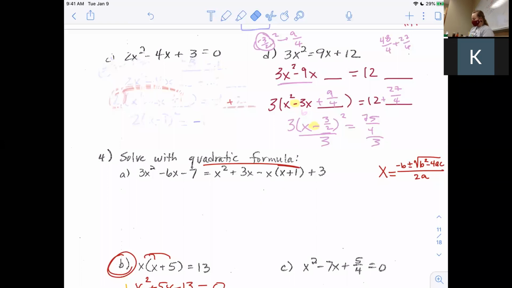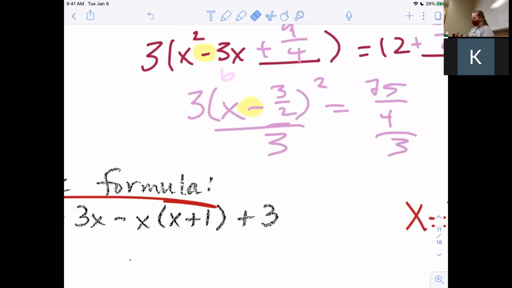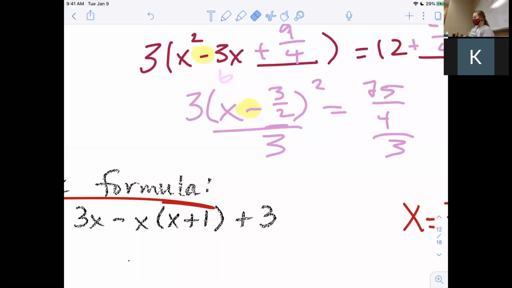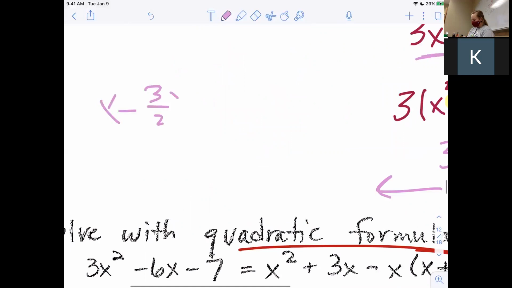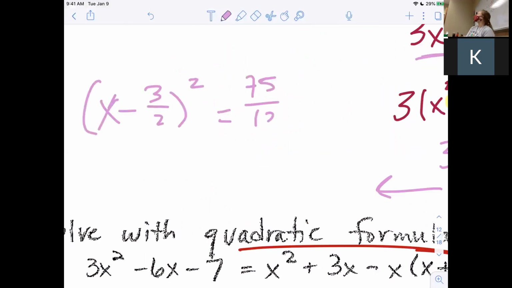When I divide 75 over 4 divided by 3, is the 3 going to go into the numerator or the denominator? Where is it going to join? The what, Becca? Denominator, very good. So I'm going to have x minus 3 over 2 squared equals, it's going to be 75 over 12 now.